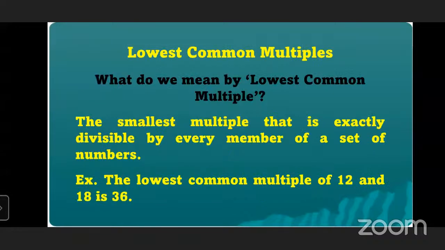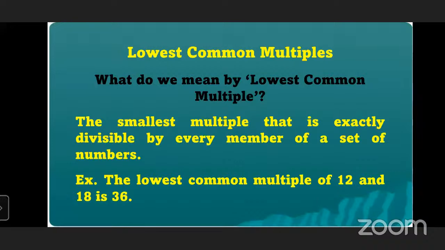What do we mean by lowest common multiple? Now we have seen multiples, we have seen common multiples. Now the lowest common multiple: the smallest multiple that is exactly divisible by every member of a set of numbers. For example, we are given a set of numbers. Set means a pair of numbers.